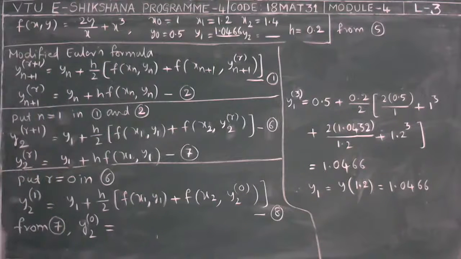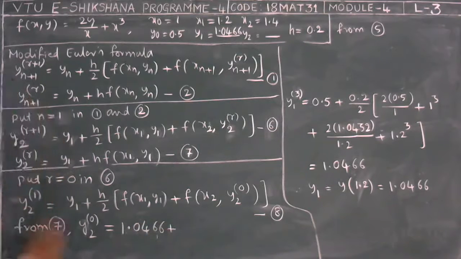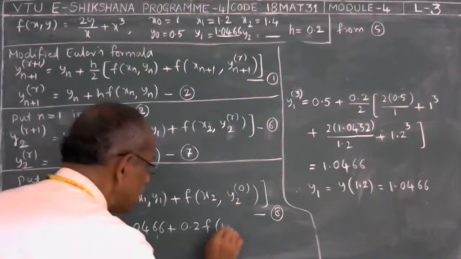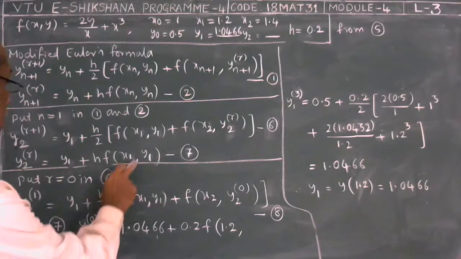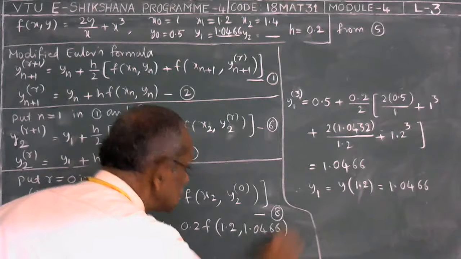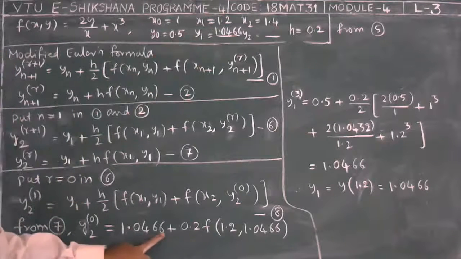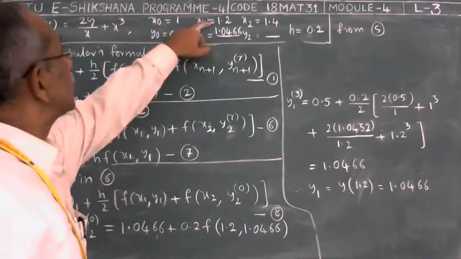Substitute here. y1 is 1.0466, plus h is 0.2 into f of x1 1.2 comma y1, where y1 is 1.0466.